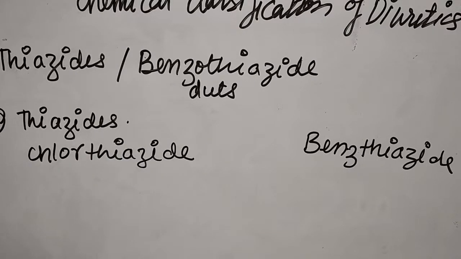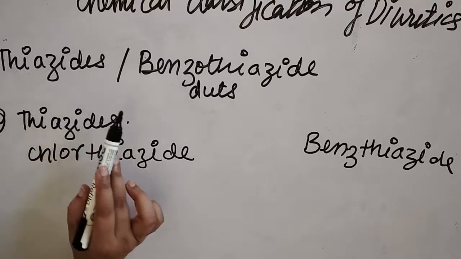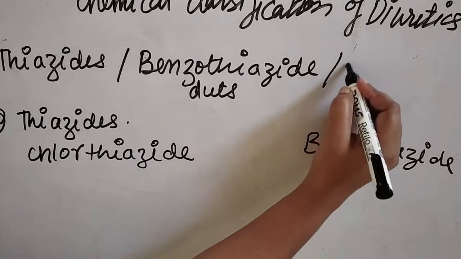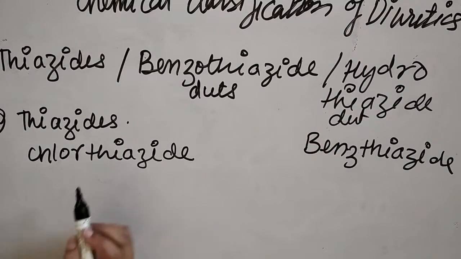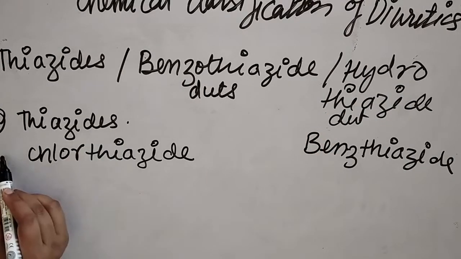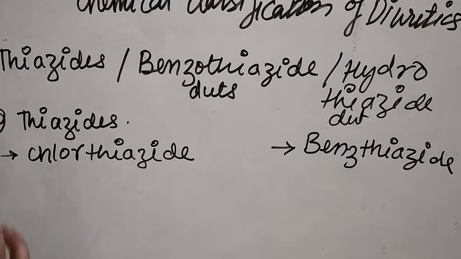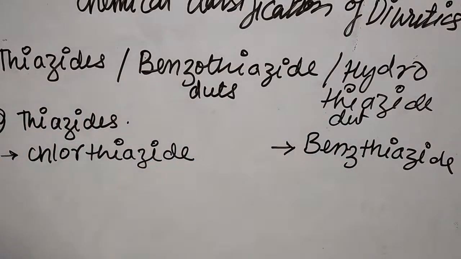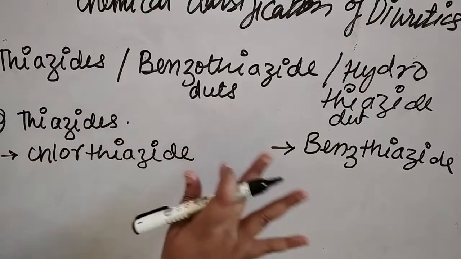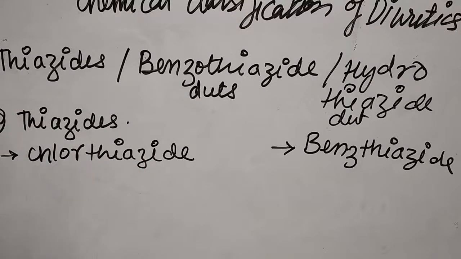Because their chemical structure is related to thiazide. Our first category is thiazide, benzthiazide or hydrothiazide derivatives. All three types of drugs come under the thiazide category only, meaning the thiazide structure is common.